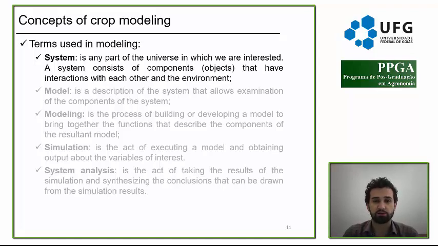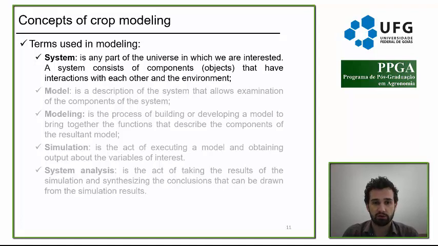The system is any part of the universe in which we are interested. A system consists of components that interact with each other in the environment. So when you look at the system, you look at these specific components.